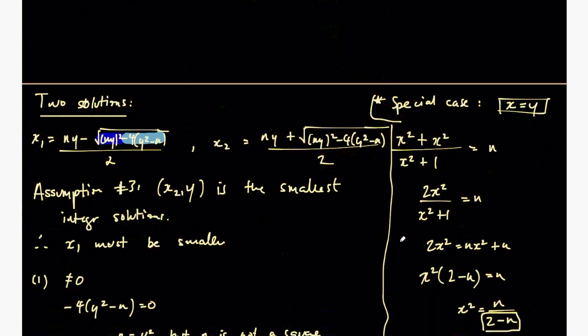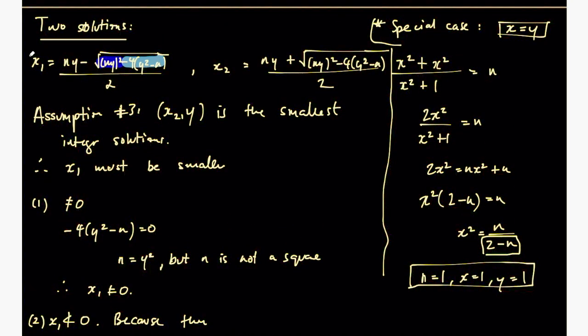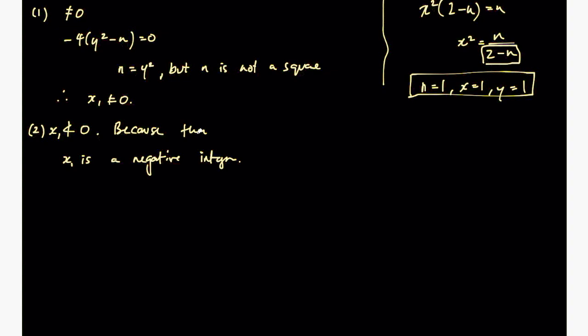Okay, so because the positive x value is an integer, the smaller x value, x1, must be an integer as well. But it can't be a negative integer. Why? Because let's consider the original equation. Consider x squared plus y squared over xy plus 1 equals n.